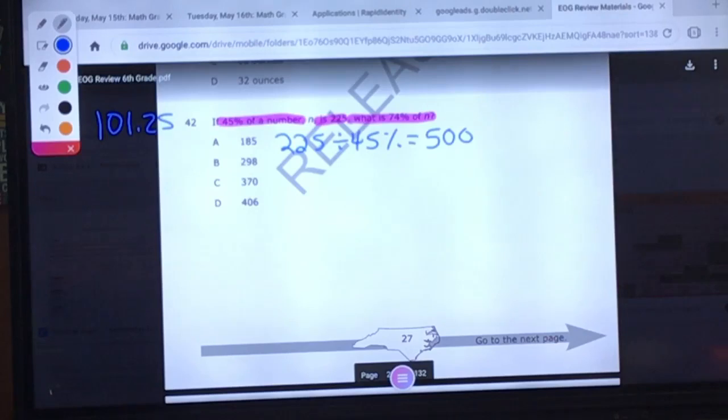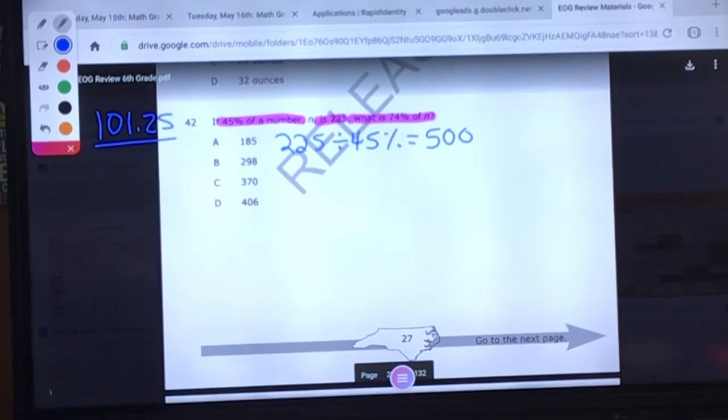Because this is going to happen to you on the test. You're going to have a question like this, and you're going to go, oh, I know I need to multiply by 45%. And then you're going to get this answer, and you're going to be like, I don't know what to do. How do you know? Doesn't matter about a decimal. 45% is almost halfway, right?